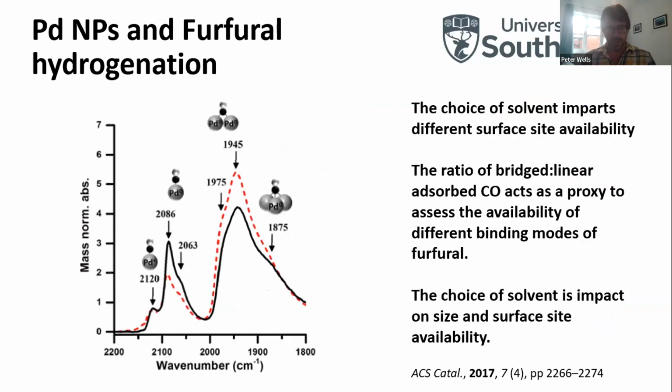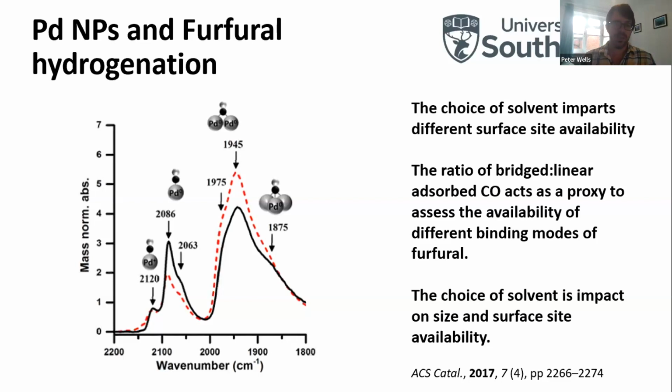When you look very carefully at the availability of surface sites, by looking at CO adsorbed on the palladium and titania surface, what you see is that the ratio between linear to bridge CO changes on these different systems. There's a far greater proportion of bridged CO for the water ethanol series, which favors the complete hydrogenation product.